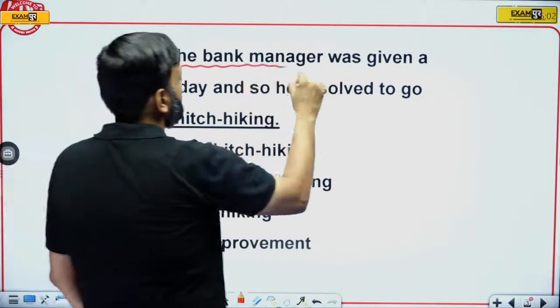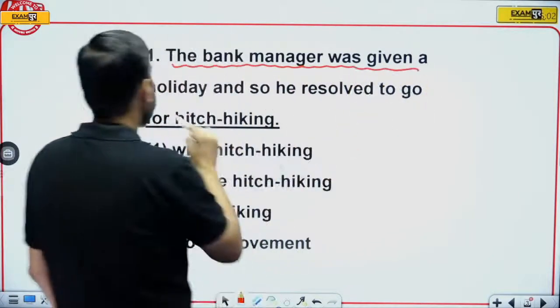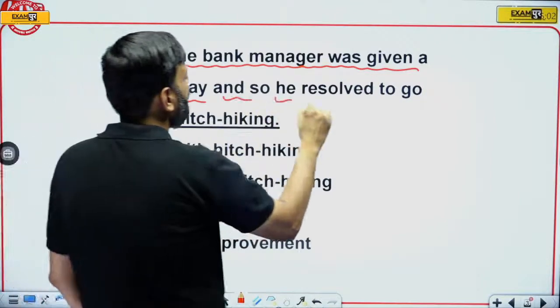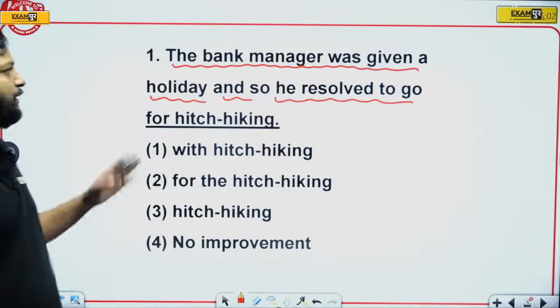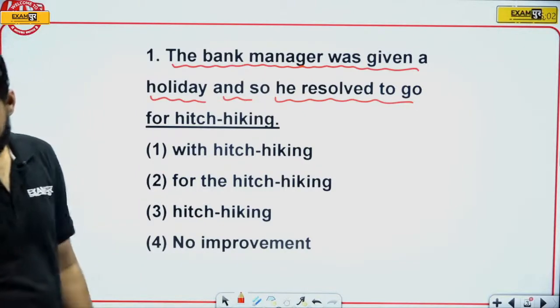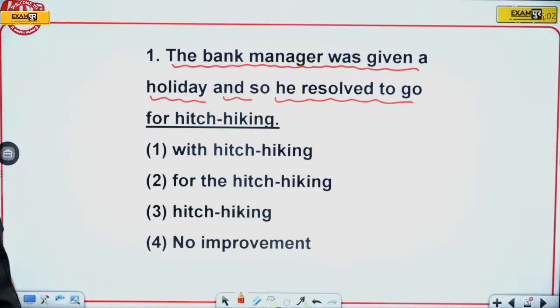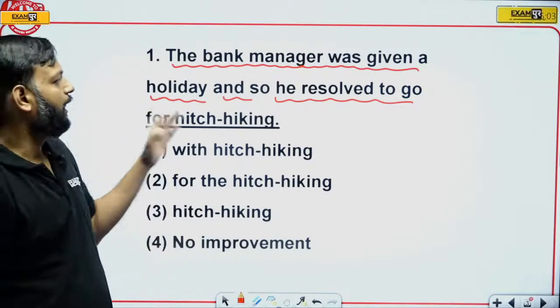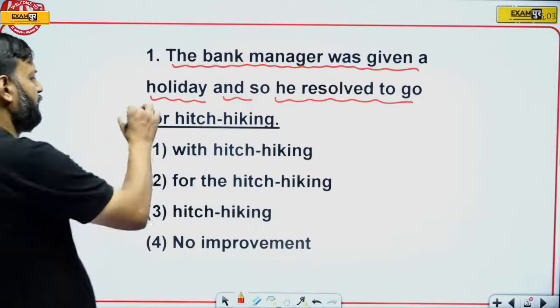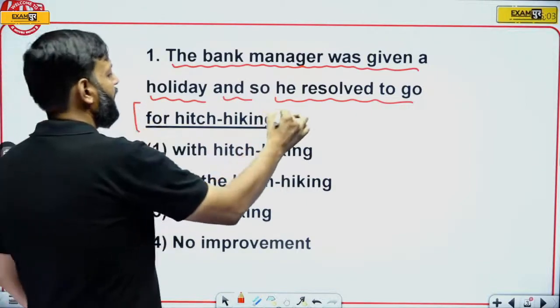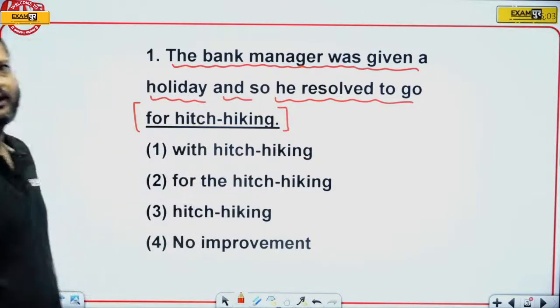The bank manager was given a holiday, and so he resolved to go for hitchhiking. The options are: the bank manager was giving a holiday, and he resolved to go by hitchhiking. Here we have this portion underlined.